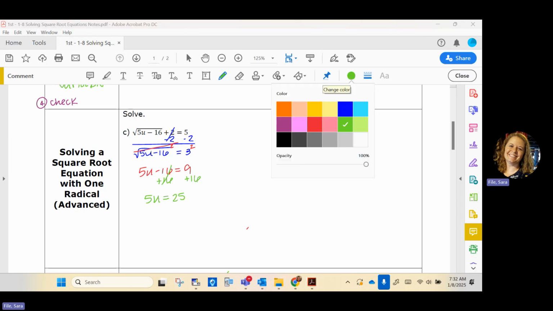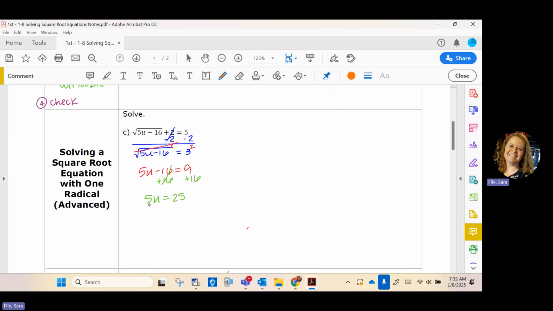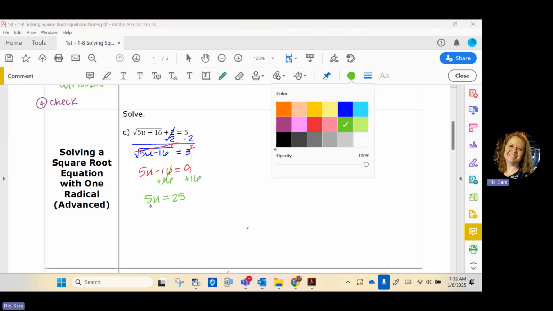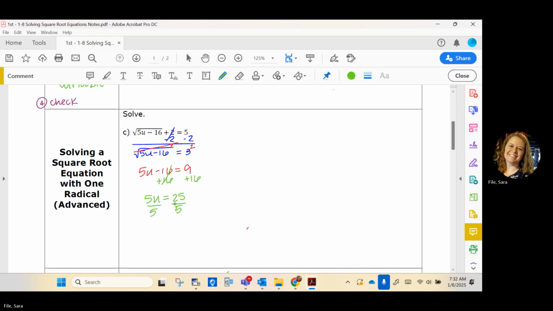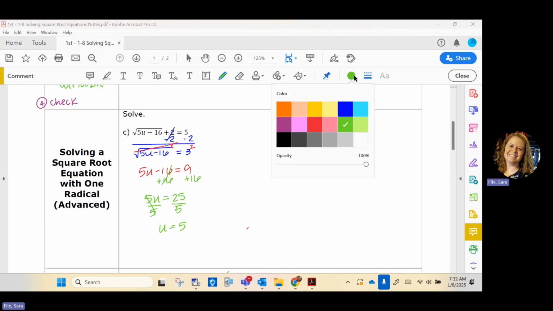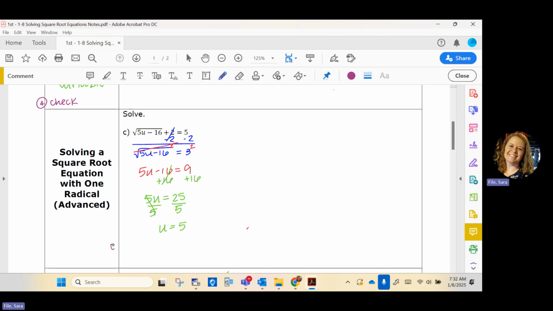So to get rid of that 5, I'm going to divide it out. Now I'm going to check and make sure that that works.